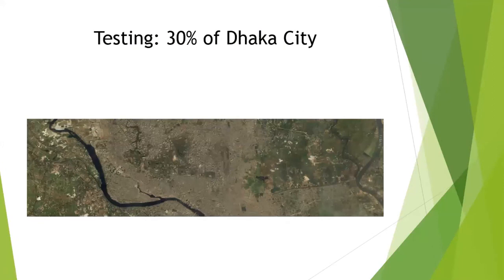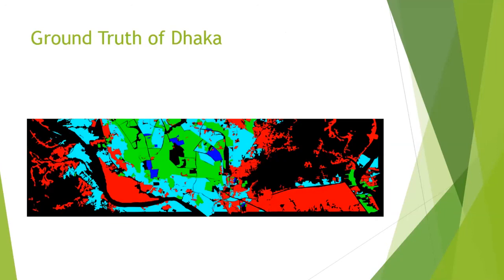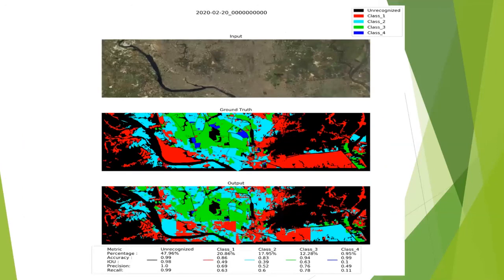Okay, and this is the testing city. So this is the testing part. 70% of Dhaka city we use for training and 30% for testing. And this is the ground truth for Dhaka, and this is the result. This is the ground truth, this is the input, and this is the output from our model.